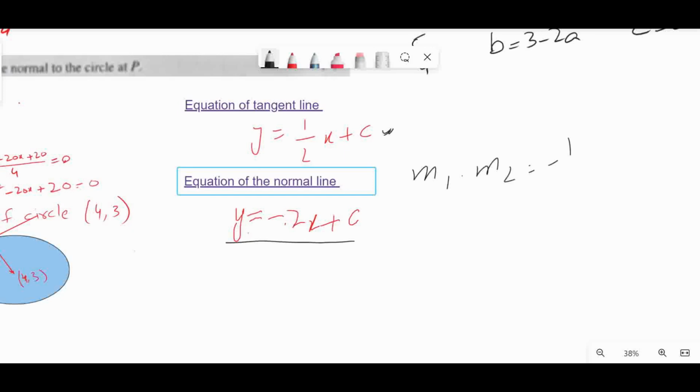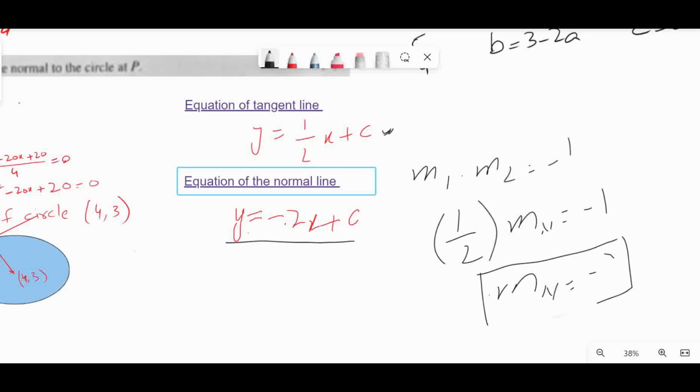If one gradient is 1 by 2, then the gradient of the normal will be minus 2, simply cross multiplied. So we have used this to find the gradient of the normal line.